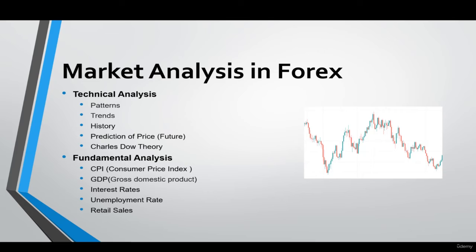The most important factors are, for example, CPI, which stands for Consumer Price Index, that we're going to talk about later, and what effects it can have on the price of a currency. GDP, gross domestic product, is very important for countries and their economy.